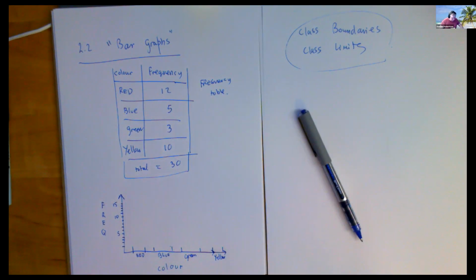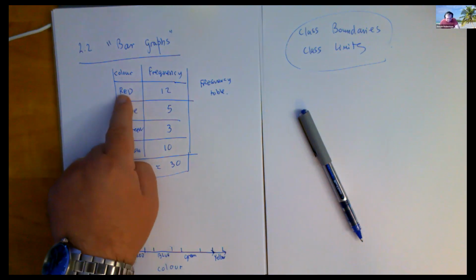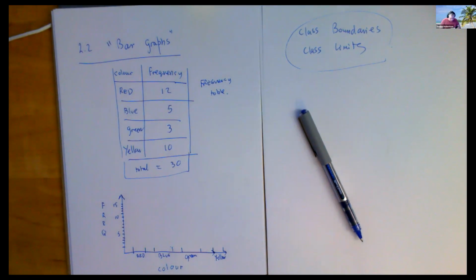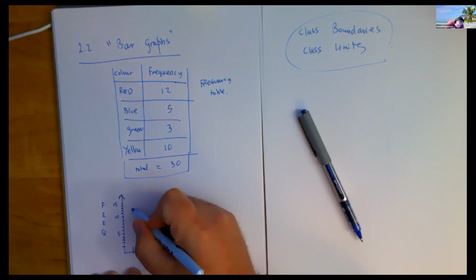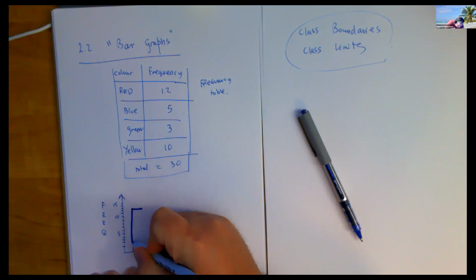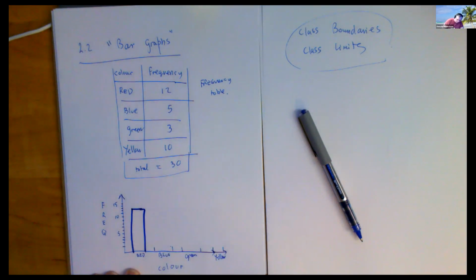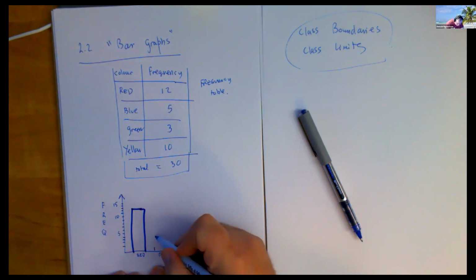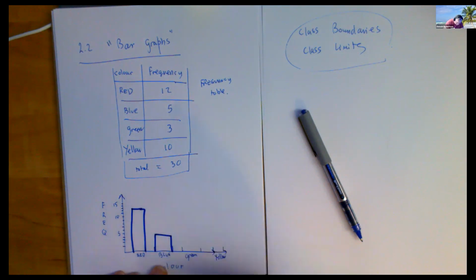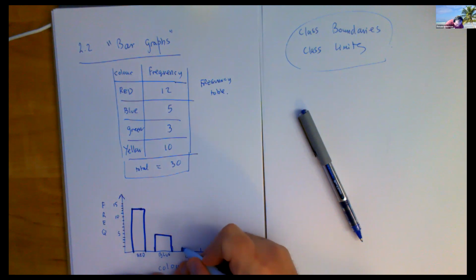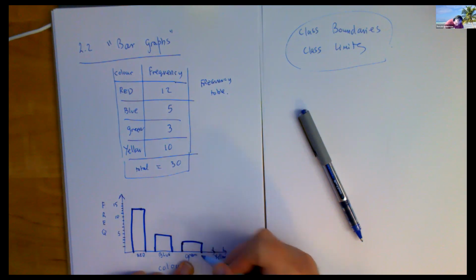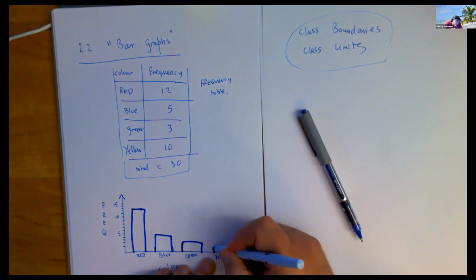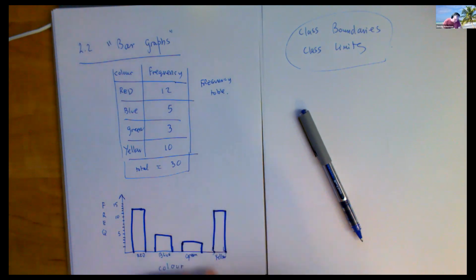And you simply take red, and there's 12 people who liked red, and you judge, I think that's roughly where 12 is. You draw that. And you go to blue, and there's only 5 of them, and you go like that. You do green, there's only, what, 3 of them, that's probably about here. And you do yellow, and there's quite a lot of people for yellow, so it's up like that.